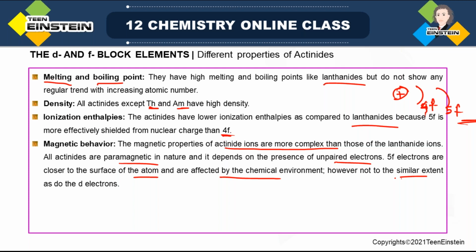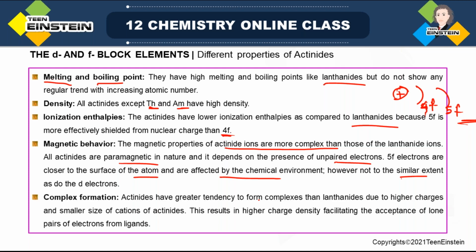So in case of d electrons, they are affected much more by the chemical environment. In this case also they are affected by the chemical environment. But the effect of chemical environment is high in which case? Is it d block or is it 5f? Obviously it is d block. So 4f minimum effect, d block elements maximum effect, and in between these two 5f will be present. So there is chemical environment effect, but obviously it is not to the same extent as we observe for d electrons. Okay.